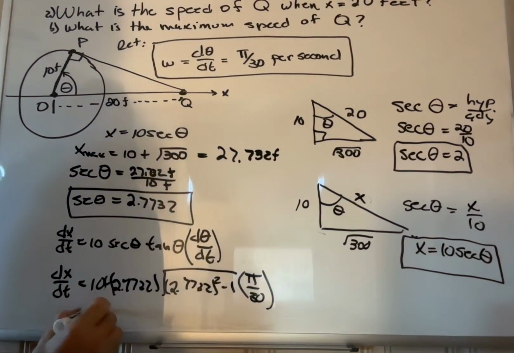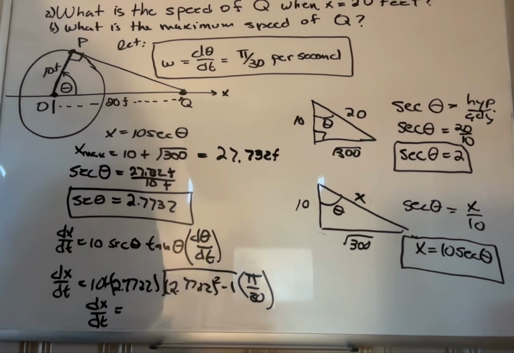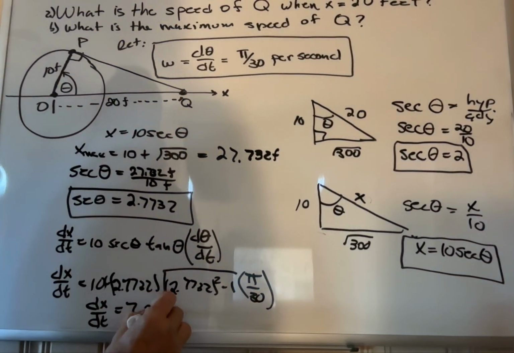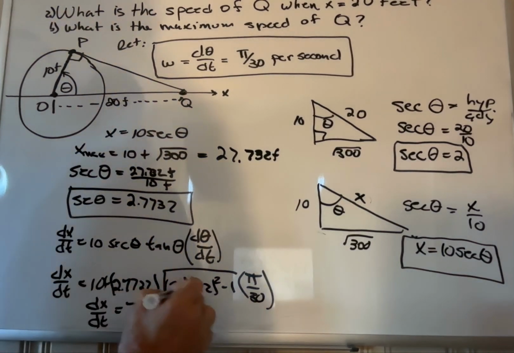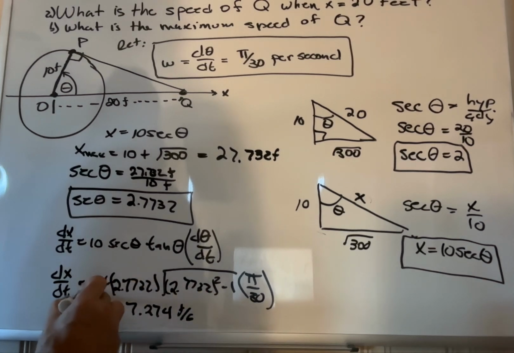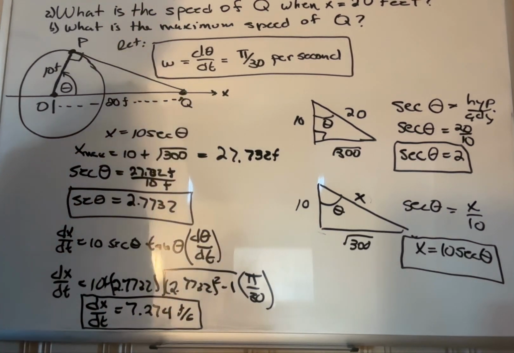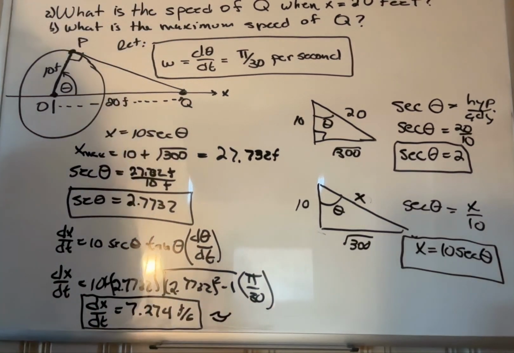And dx/dt, sorry, I'm running out of room. dx/dt ends up being at the maximum about 7.274 feet per second. So that's our maximum speed, and that's approximately about 5 miles per hour.